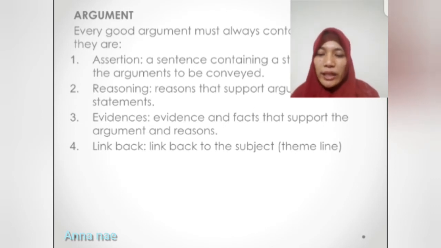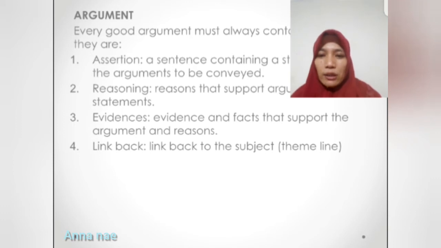Now we are talking about argument. When you are delivering an argument, your argument must have four criteria. The first criterion is assertion. What is assertion?